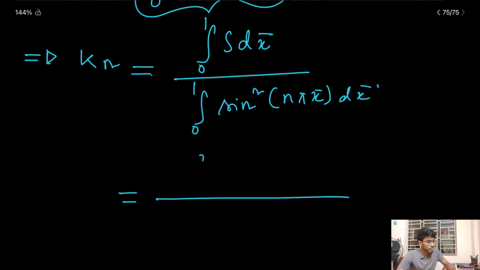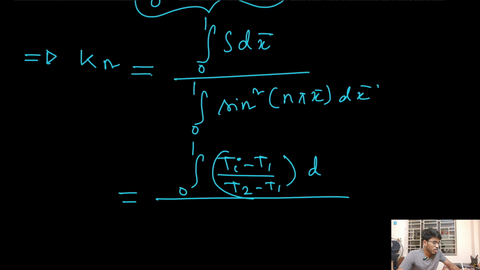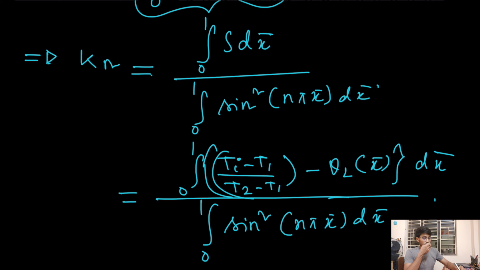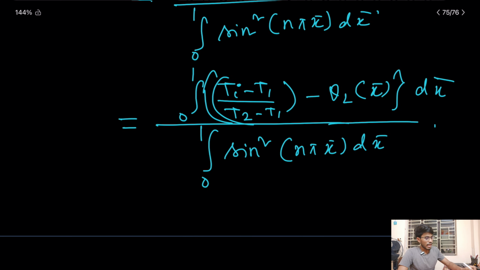If I write the term of x, this will be ti minus t1 by t2 minus t1, minus theta 2, which is a function of x, into dx bar, divided by the integration of sine square n pi x bar dx bar. Clear? So see, this is kn, and here also I am having this n.